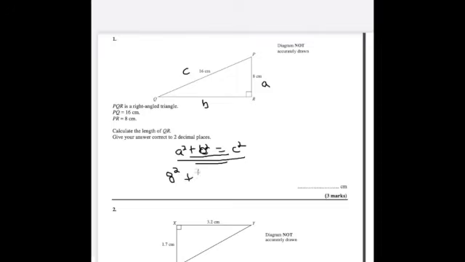So plugging it into the formula, A is 8, so you've got A squared plus B squared, which is what we're trying to find, equals C squared, which is 16 squared.